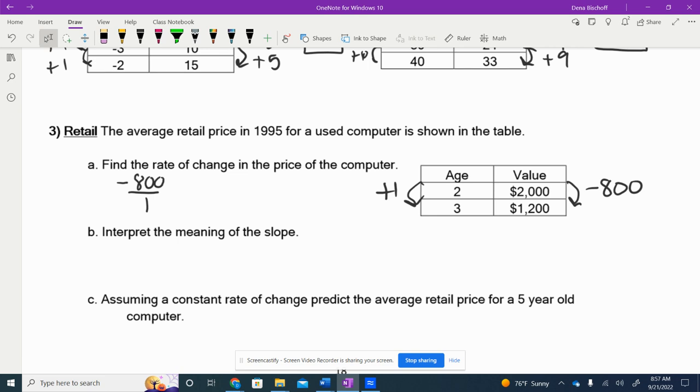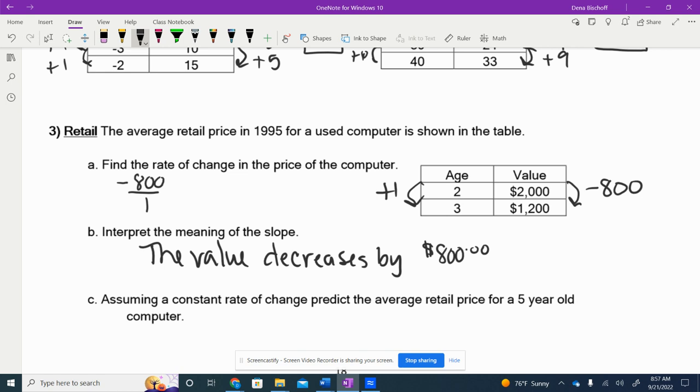What do you think, Cheyenne? The value decreases by $800 each year.